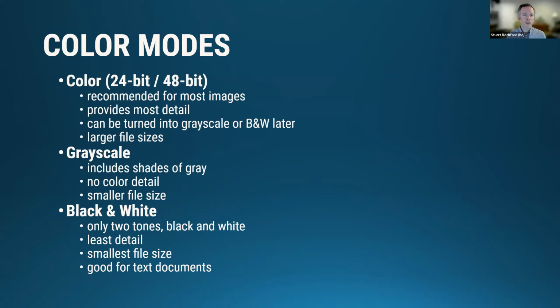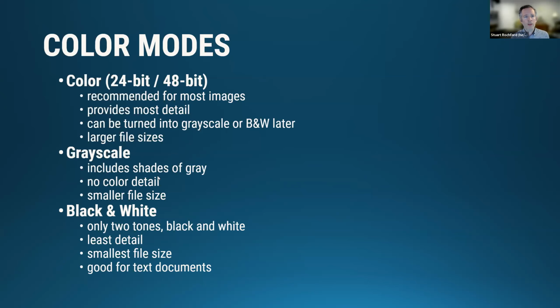We can get the most detail out of color images. They can be turned into grayscale and black and white later, but they do increase the file size because they have a lot more image data in them. Grayscale is kind of in between there. It includes all the different shades of gray, while leaving out the color detail.